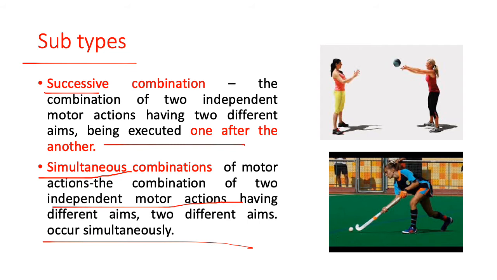So the words are explanatory and you can just look at the pictures and you will remember that. I hope it's not so difficult, it's very simple. Just keep these things in your mind. So these are all types of motor action up till now we have learned: cyclic, acyclic and combination.